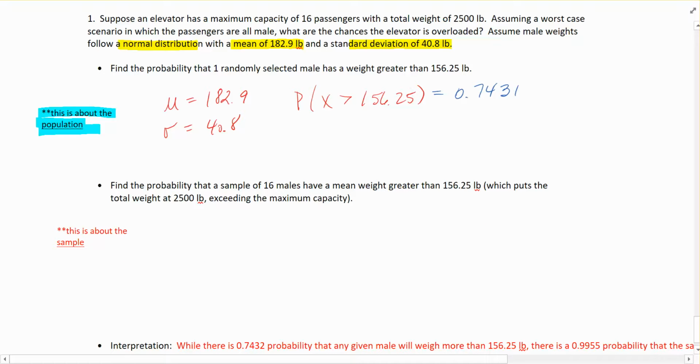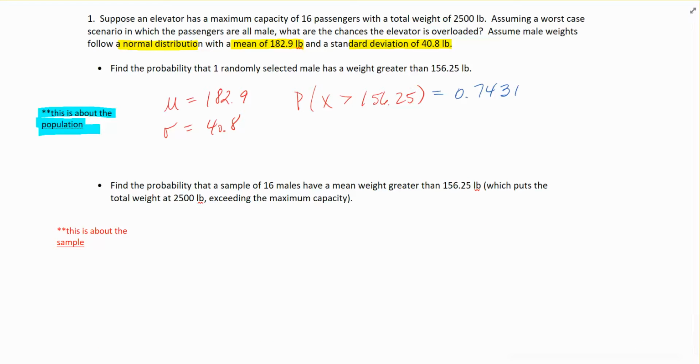So the second part of this question says I want to find the probability that in a sample of 16 males, the sample has an average weight, or a mean weight, of greater than 156.25. So what is the probability that if I were to gather 16 men up together, their average weight is greater than 156.25?